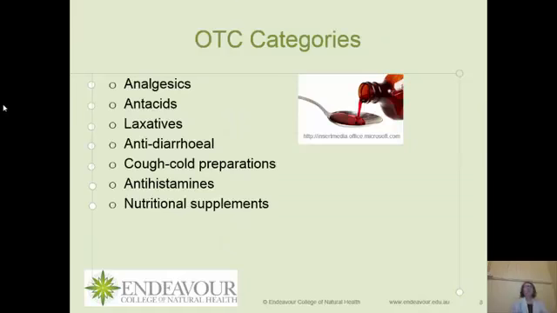Now, once again, over-the-counter medications we've said might overlap with a whole variety of other nutritional and herbal supplements and other complementary medicines. These are not distinct black and white categories, but OTCs largely will include not only nutritional supplements, but some of the classifications which we've seen are also part of Western pharmacy. So we have largely those OTCs that are sold are analgesics, antacids, laxatives, antidiarrheals, cough and cold preparations, and antihistamines.